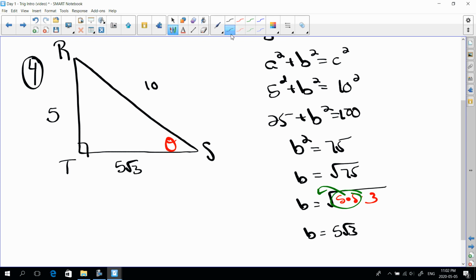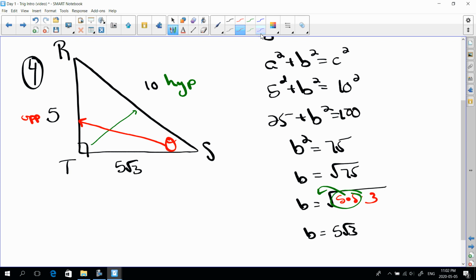Now, in order to determine the sine of theta, or the sine of angle S, the cosine, the tangent, the cosecant, the secant, and the cotangent, I have to label my diagram. I want to know that this is the hypotenuse, directly across from the right angle. Because they said angle S, I know to put theta down in the bottom right corner, which makes this side the opposite side.